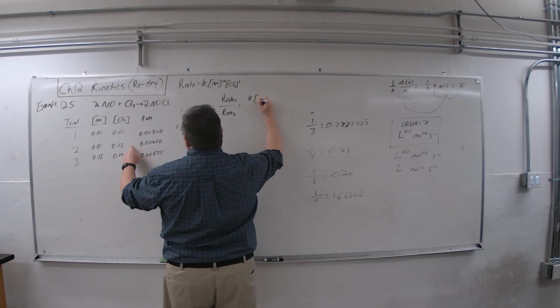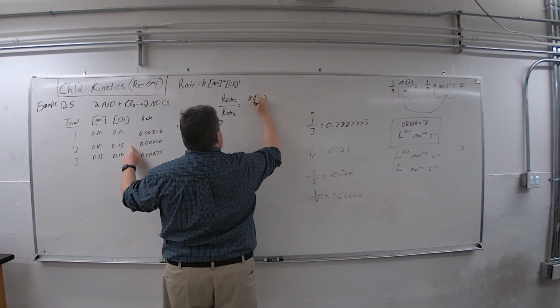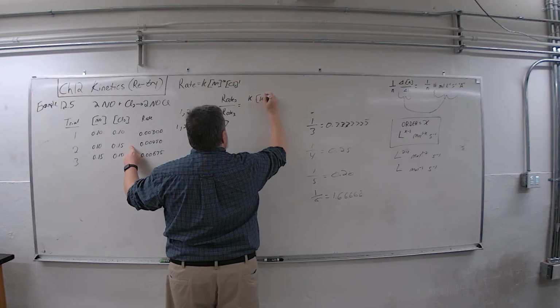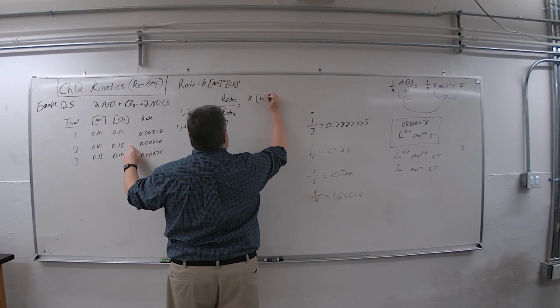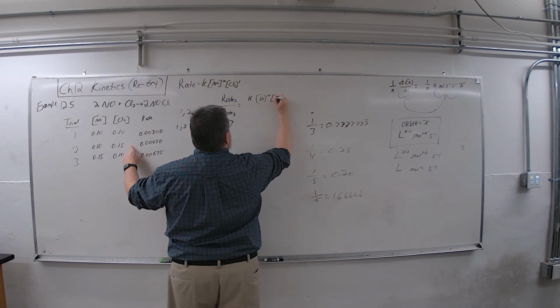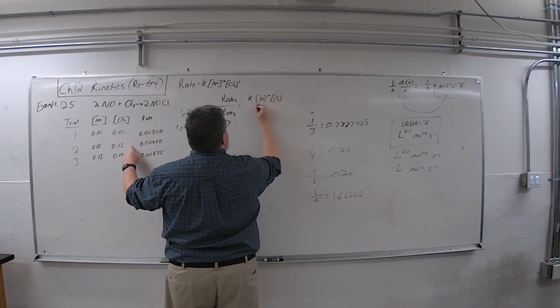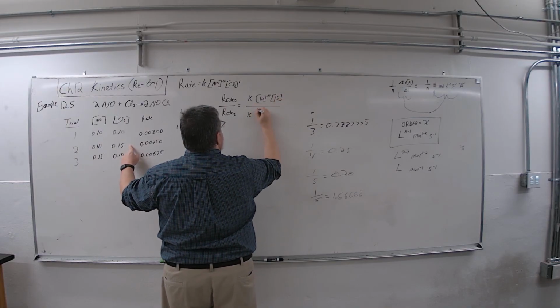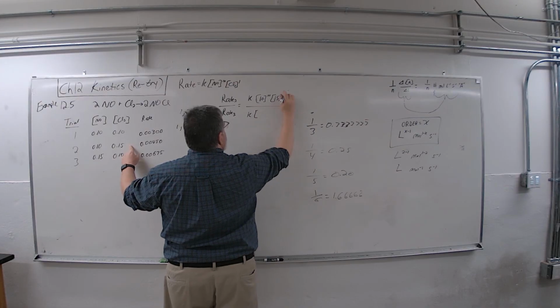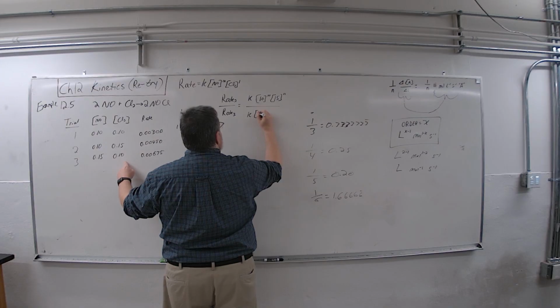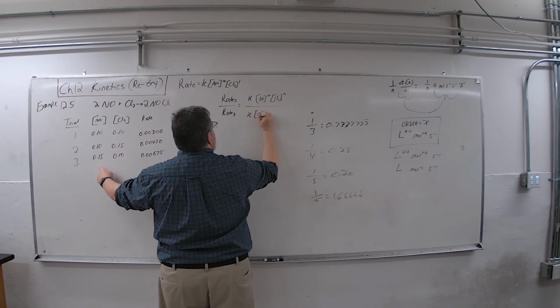Rate for 2 is 10. Now that we know the rate for this one, it's probably simpler to solve for, but let's go through this again.